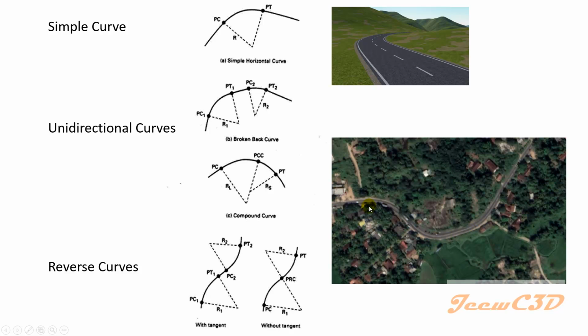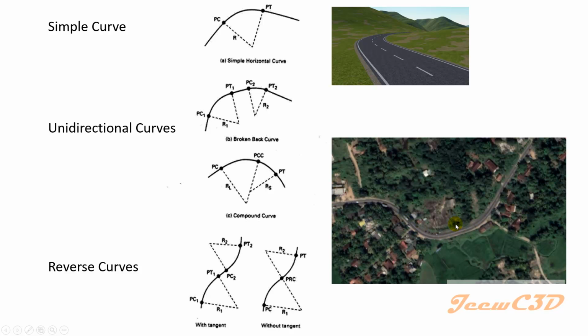In here you can see this curve is coming in this direction and it is changing the direction to the other side. You call it a reverse curve. In this section you have a reverse curve, and in this section you have a compound curve.